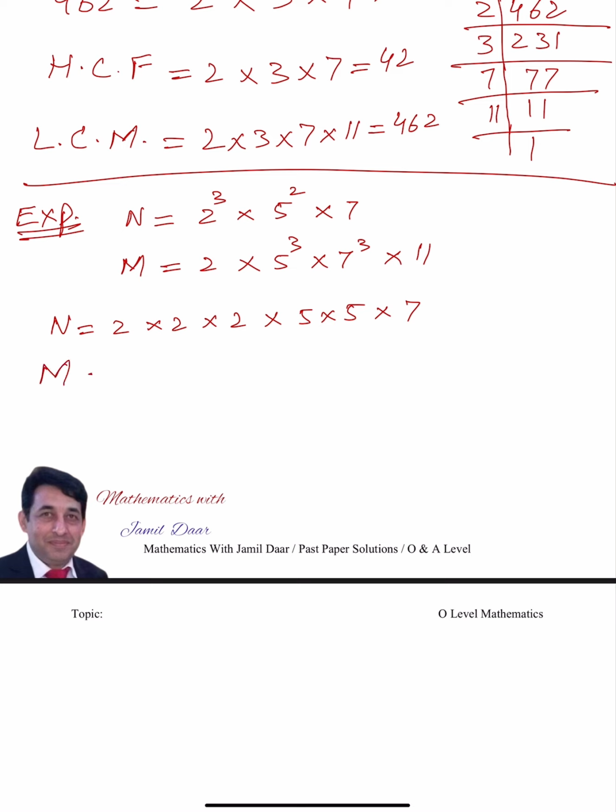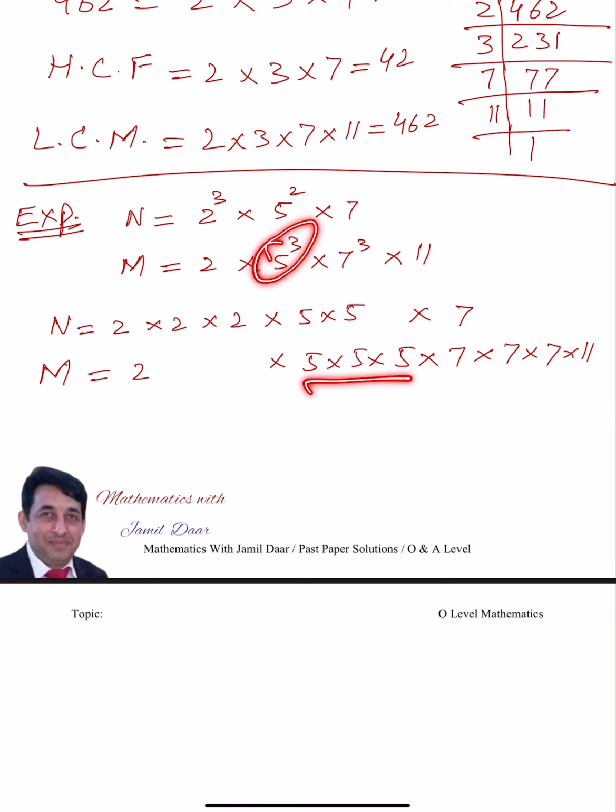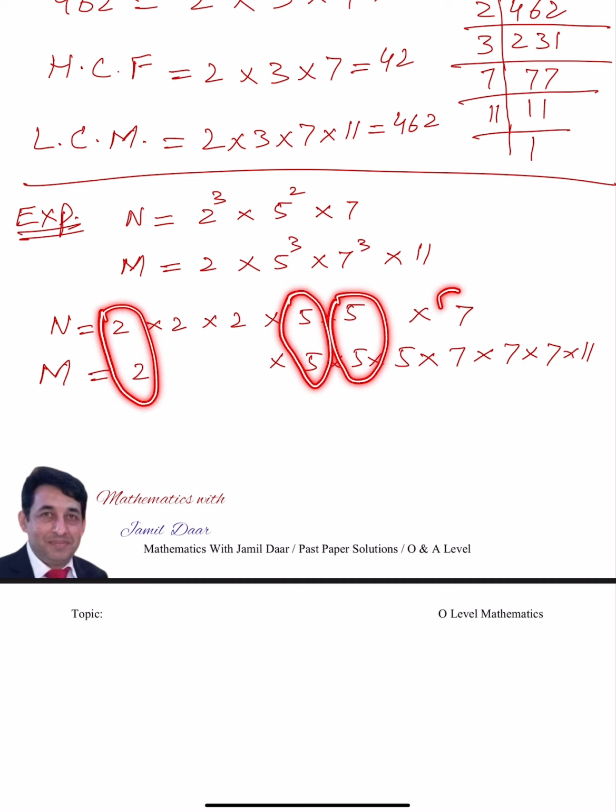And M as 2 into 5 into 5 into 5, into 7 into 7 into 7 into 11. Okay, so 5 cube was 3 times, so we have written 3 times, 5 square was 2 times, and 7 cube 3 times. Okay, so for the HCF, 2 is common, 5 is common, 5 is common, and 7 is common.